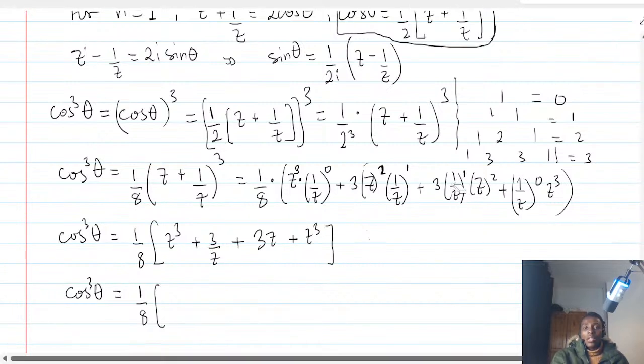And for this one, here is supposed to be z, and here is supposed to be 1 over z.